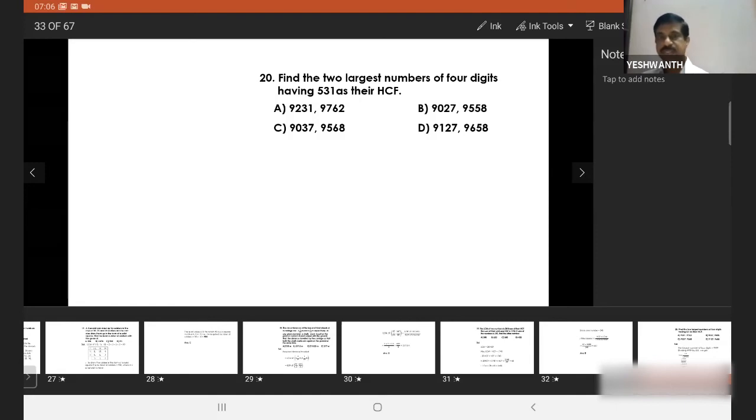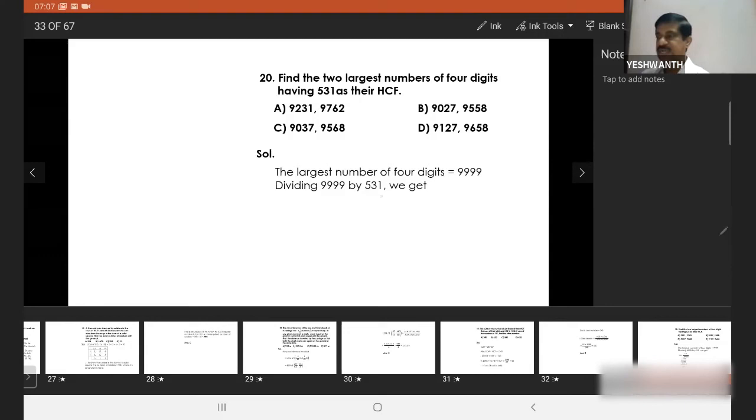When you divide, let's say 9231 by 531, you get some number X, and 9762 divided by 531 gives some number Y. HCF of X and Y should be 1, there should not be another common factor. Then we can work on it.